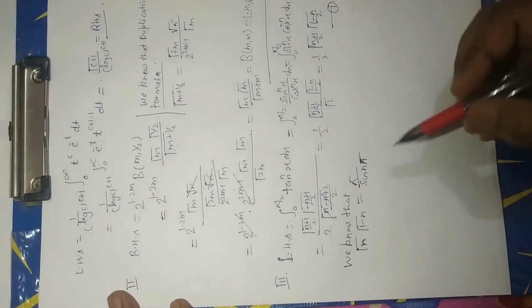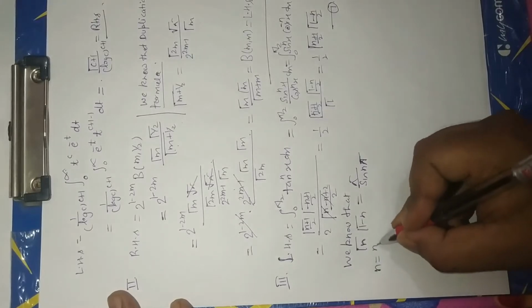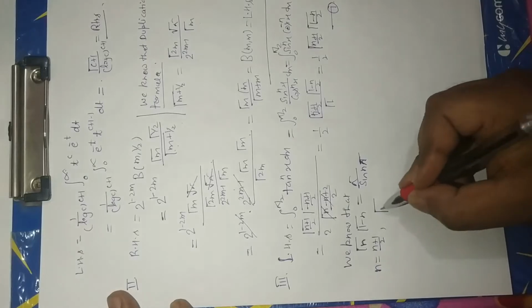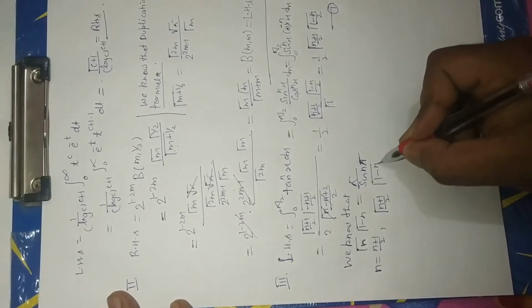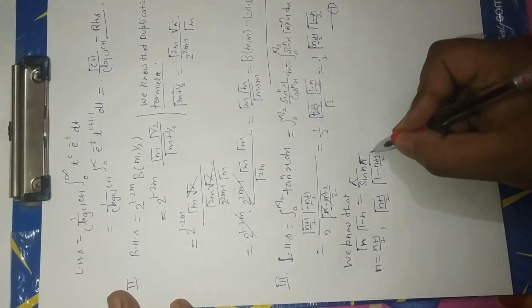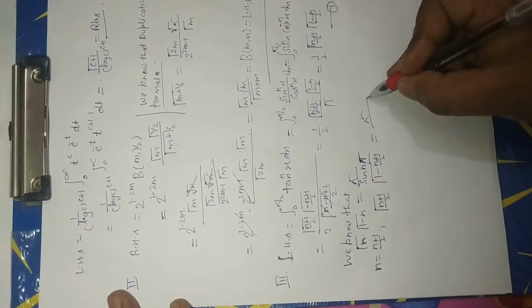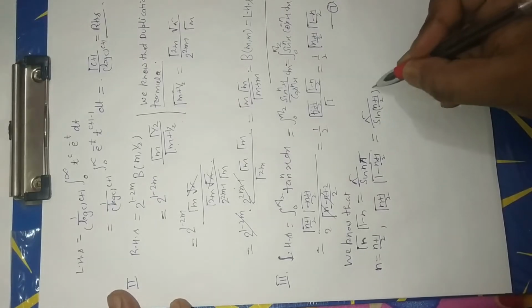Now in this relation we put n equal to (n plus 1)/2, then we get gamma (n plus 1)/2, gamma 1 minus (n plus 1)/2, equal to pi upon sine (n plus 1)/2 pi.